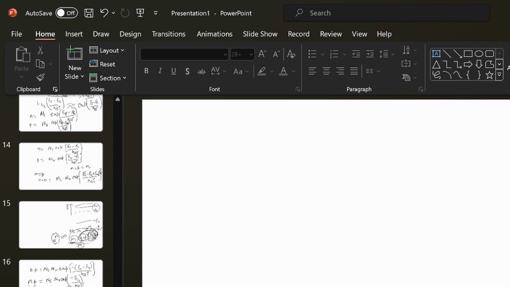This is EI or EF, we say, for an intrinsic semiconductor, in the middle. Whenever there is something like this, we say that this is in equilibrium.